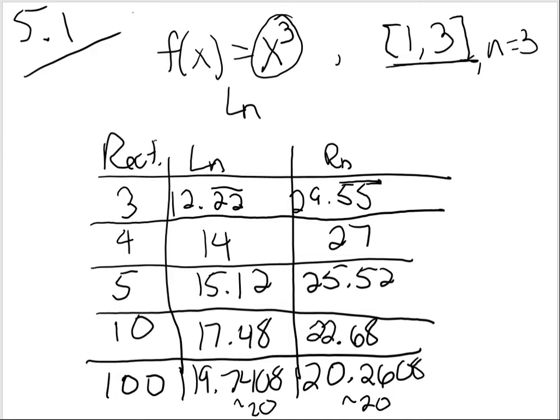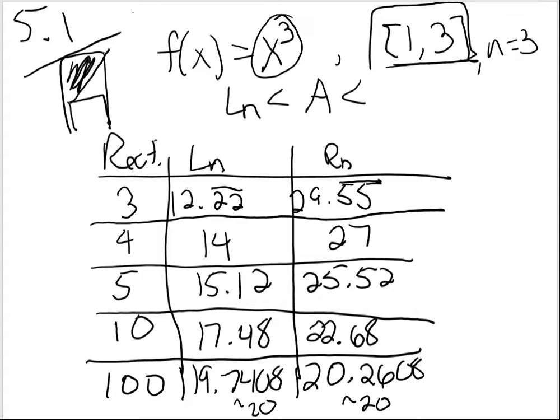And so it's increasing on this interval. Since it's increasing, if you take the left endpoint of the interval and make a rectangle, it will be an underestimate. Versus if you take the right endpoint, it will be an overestimate because you have this other little bit.